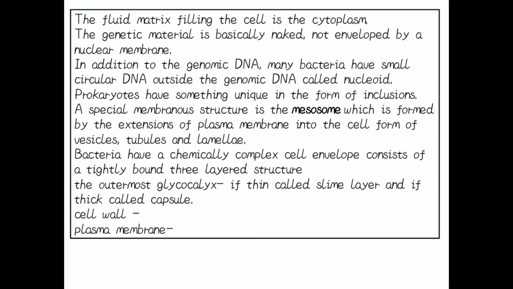Bacterial cell chemically consists of a tightly bound three-layered structure, that is the outermost glycocalyx, if thin called a slime layer, or if thick it is called a capsule, then the cell wall and the plasma membrane.